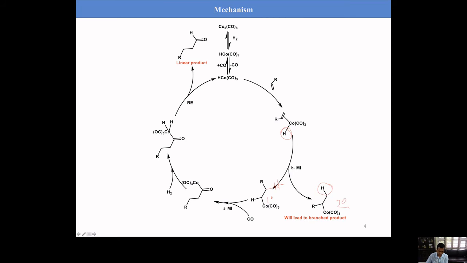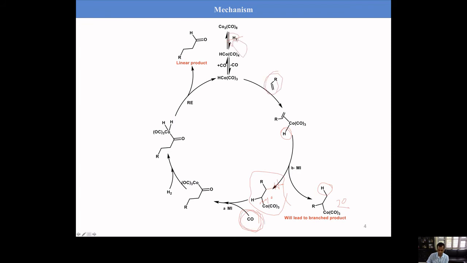As I discussed earlier briefly, the primary alkyl is more stable because the steric crowding around the metal center is least. So this sort of metal complex will give you the primary alkyl intermediate leading to the linear product. After this, you are doing this under CO and hydrogen pressure, and of course the olefin is also under pressure.